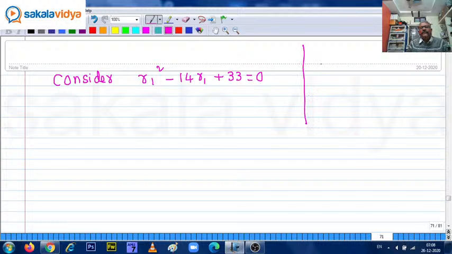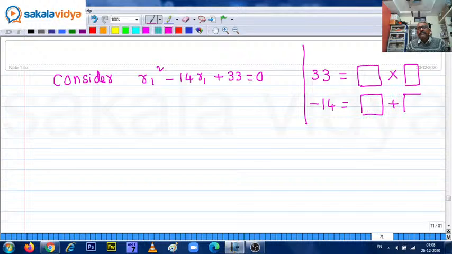Now we need to search for the factors. 33 is equal to the product of the two numbers and minus 14 is equal to the sum of the two numbers. That means we need to find the two numbers whose product is 33, whose sum is negative 14. 33 can be written only one way, as a product of two primes, 11 into 3, but we need negative 14.